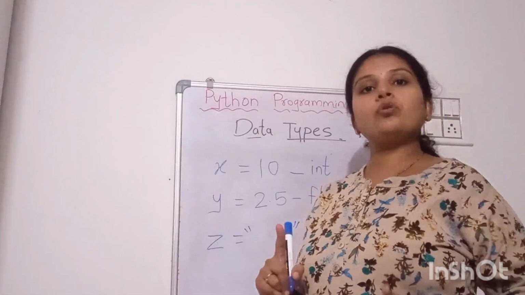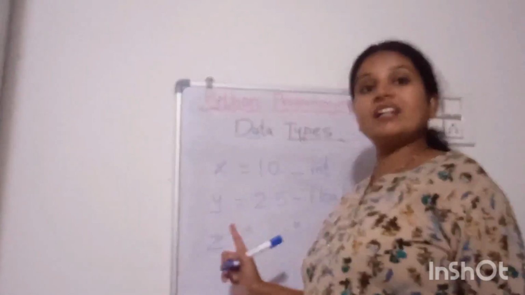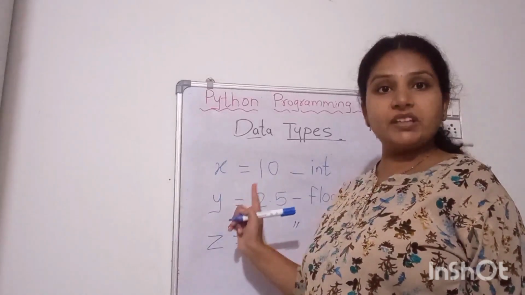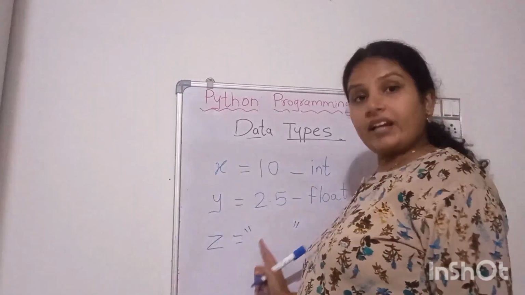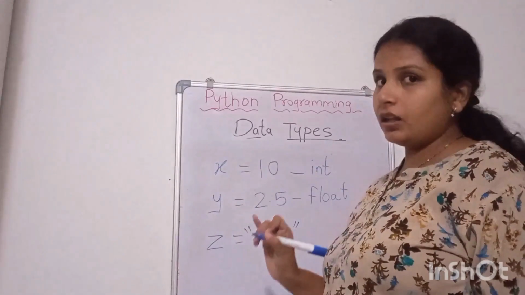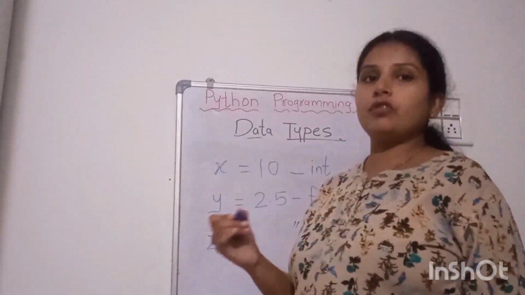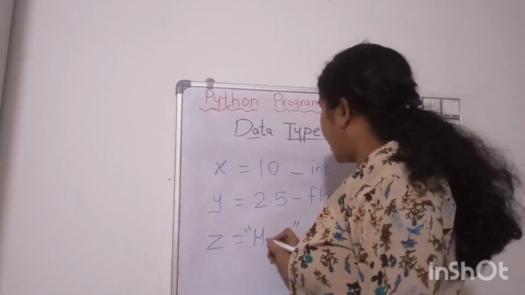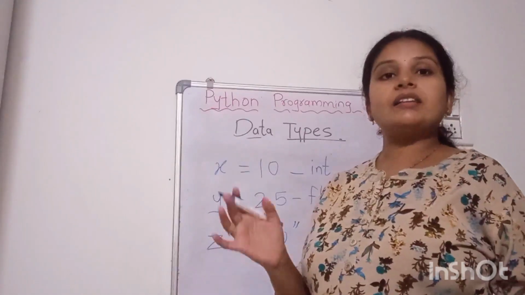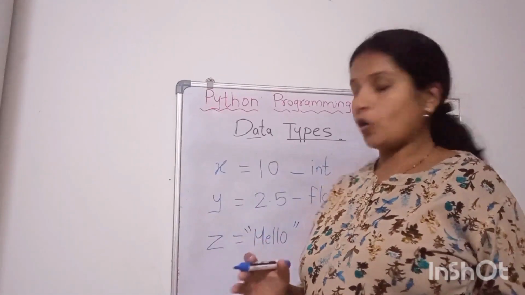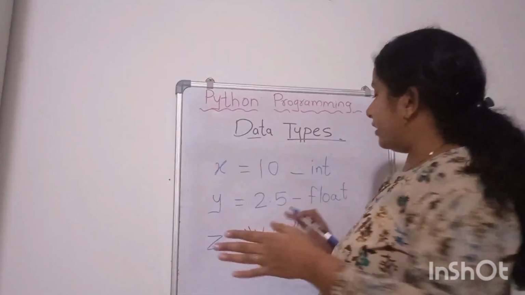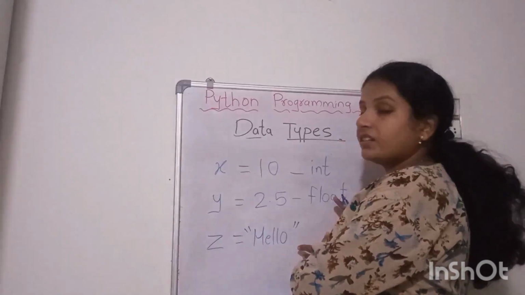Then only this value will be considered a string. For numbers we don't need to enclose them within quotes, but a string we need to enclose within single or double quotes, otherwise an error would occur. So here I am printing hello. Hello is one message, right? That message I want to display. Hello is made of alphabets, and these alphabets are considered a string.